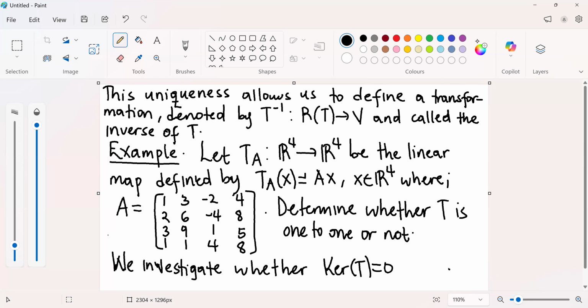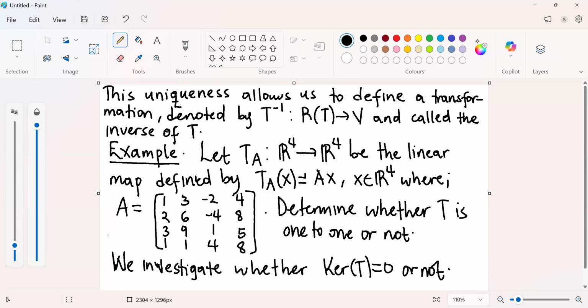If it is not 0, then the map is not 1-to-1. Previously, in today's session, I started by computing the kernel of a transformation. What is the kernel?